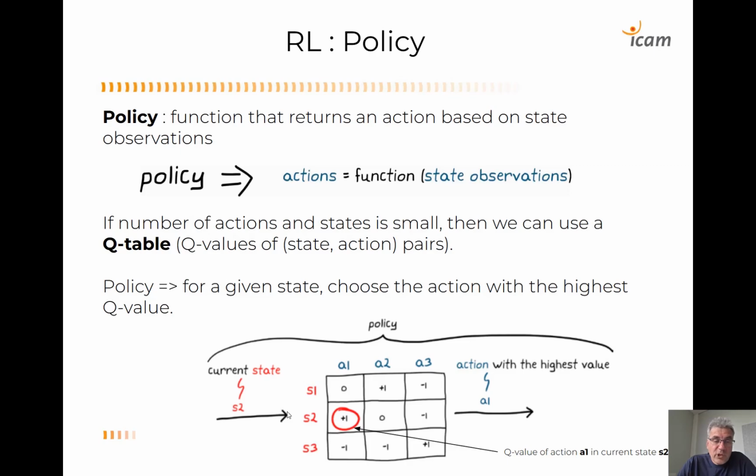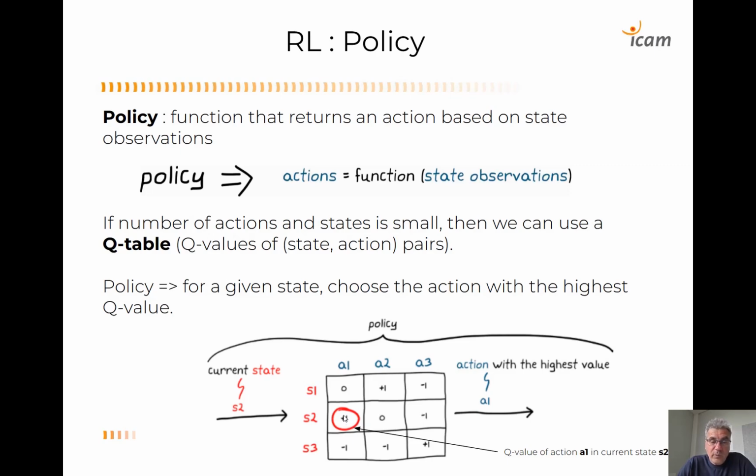Imagine the current state is S2. When you are on S2, you have the choice to perform the action A1, A2, or A3, and here is the Q value for each of these actions. The policy, given a state, is to choose the action with the highest Q value. So here we will choose the action A1 because it has the highest Q value.